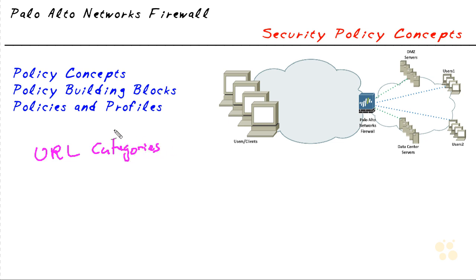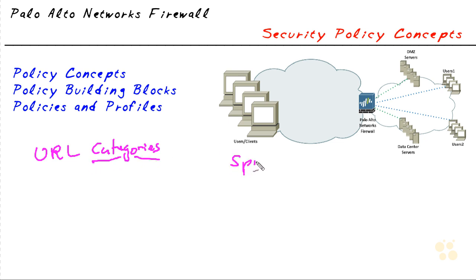Now, if you've ever used something like WebSense or N2H2, which are big companies that do web filtering, you know that there's a list of bad or not so good websites out there. But to determine what's bad or not so good, because everybody's definition is going to be different, we have categories.